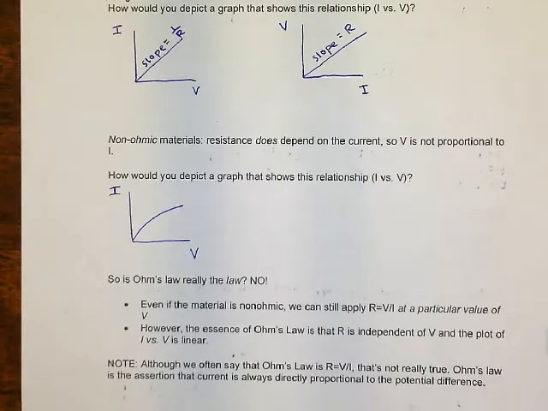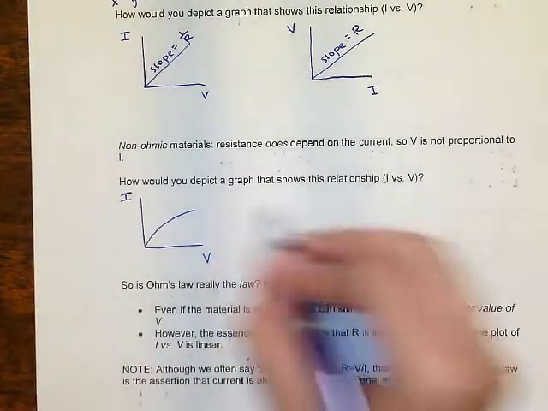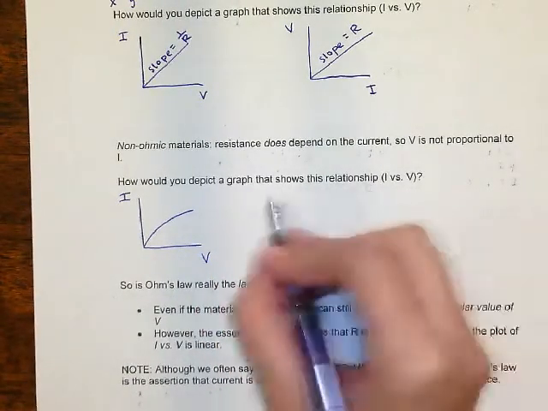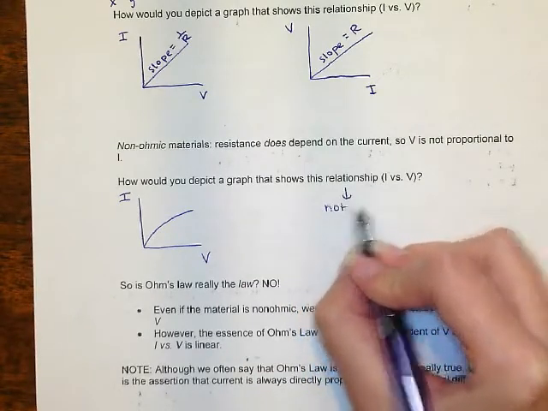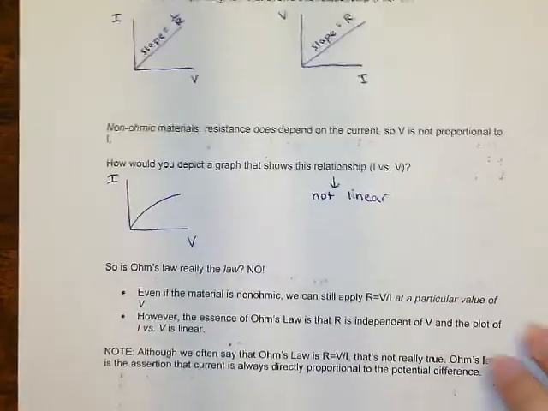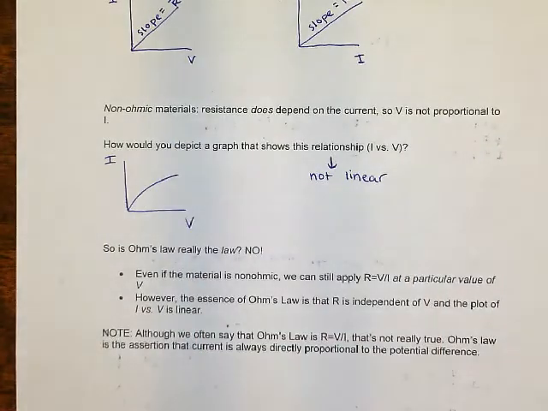It doesn't really matter the shape of this. I would say generally this one is the most common, but all you have to do is say that it is not linear anymore. So that's what a non-ohmic material's current versus voltage graph might look like. It could also be the other way if you had a special material.